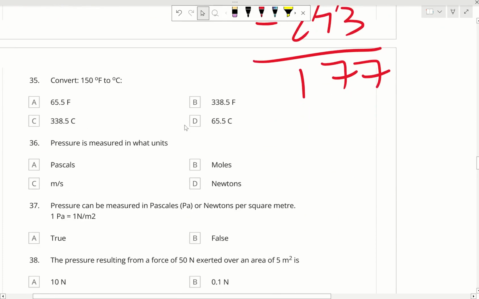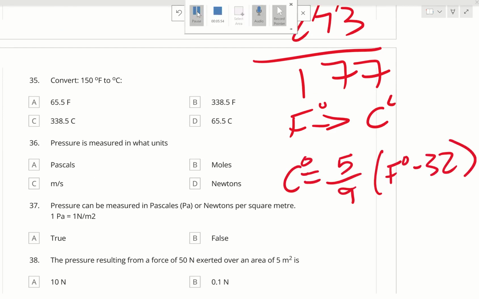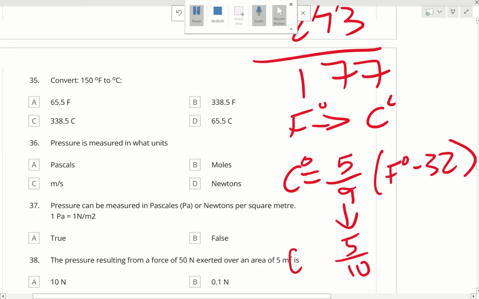Convert 150 degrees Fahrenheit to Celsius. They will give you the formula for this. To make it easier, because you don't have a lot of time on the exam, I'm going to change this to 5 over 10.